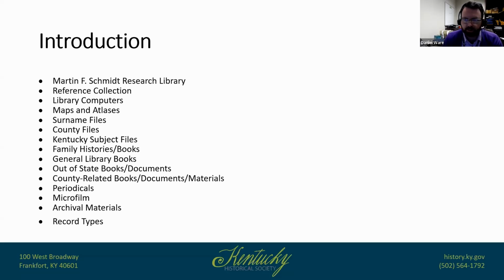So the library that I actually work in at the Kentucky Historical Society is called the Martin F. Schmidt Research Library. Some of the other things I'm going to talk about will be the reference collection we have, library computers, maps and atlases. We've got different files in groupings of filing cabinets, such as surname files and county files, and then Kentucky subject files. We've also got family histories and books, just general library books, and out-of-state books.